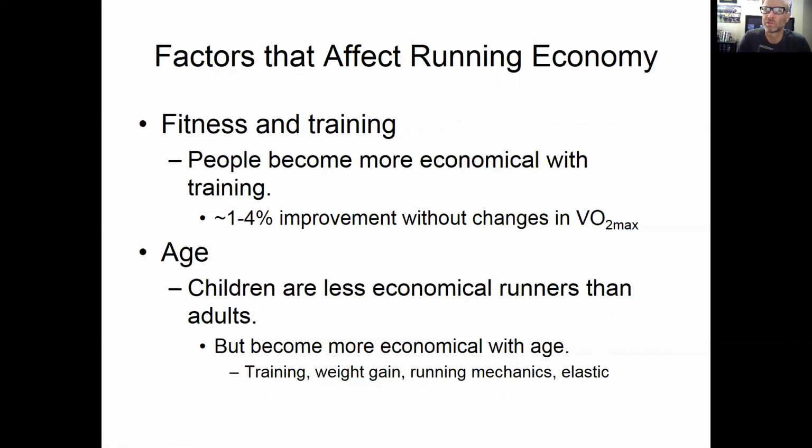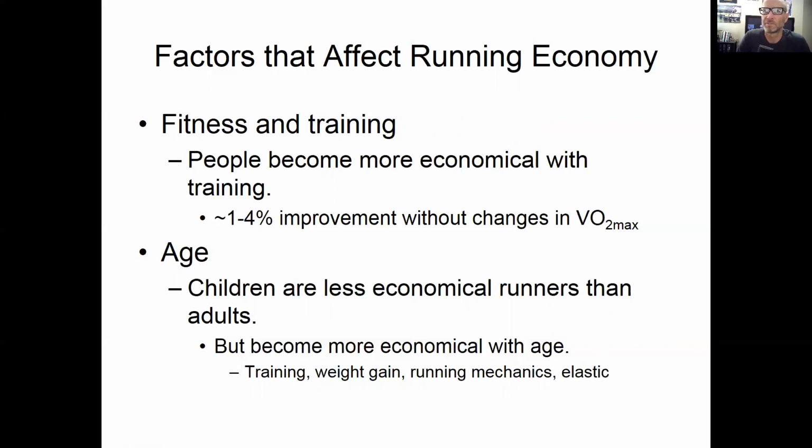For example, you can see a 1 to 4% improvement in running economy without changes in VO2 max. You can train someone, they can have the same VO2 max pre and post training, but at a submaximal speed they may use a 4% lower rate of oxygen consumption, 4% better running economy.